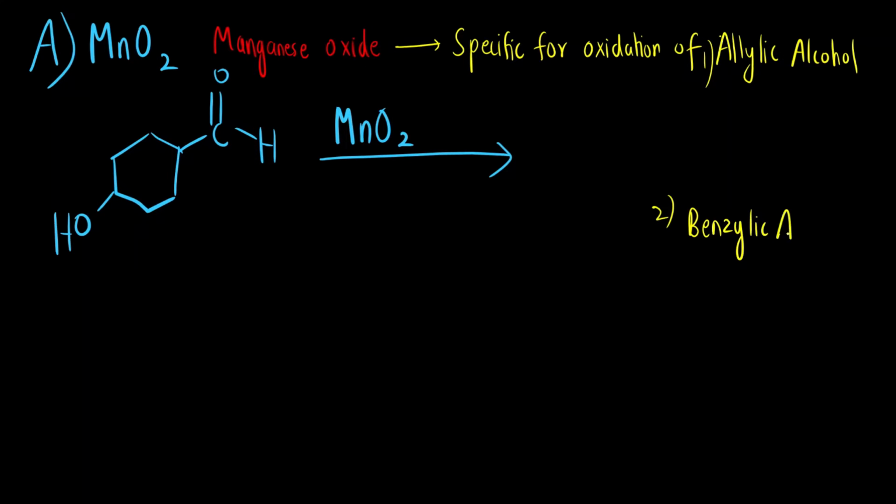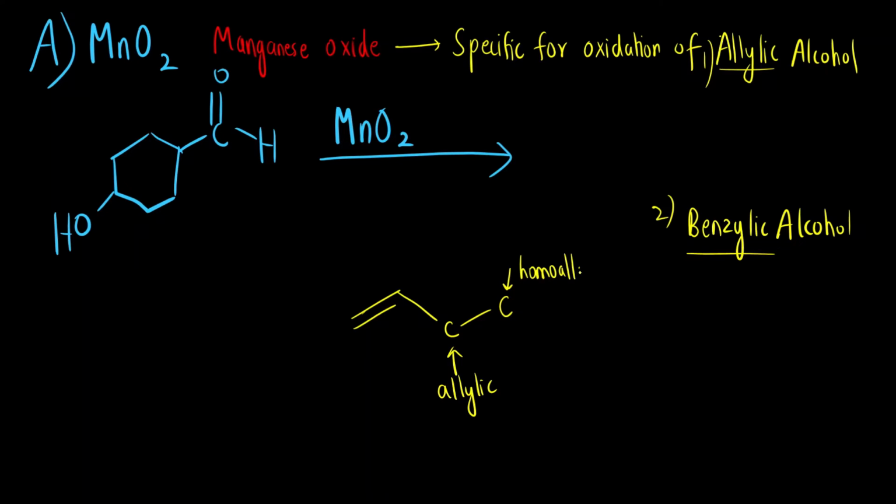What is the meaning of this? First, let us understand the meaning of allylic and benzylic. Allylic means, suppose there is a double bond, and the carbon next to the double bond is called allylic. The next carbon is called homoallylic, so you can remember this. If OH is attached at this allylic position, then oxidation will take place and the alcohol will be converted to ketone.